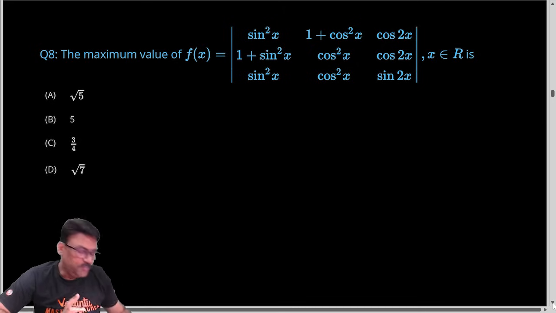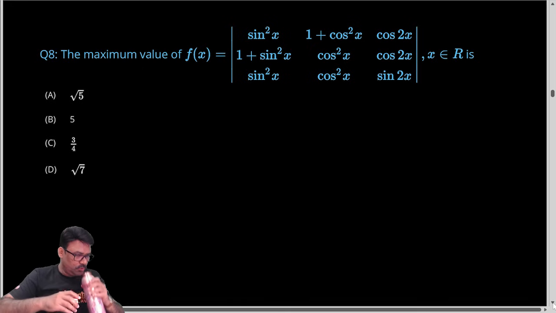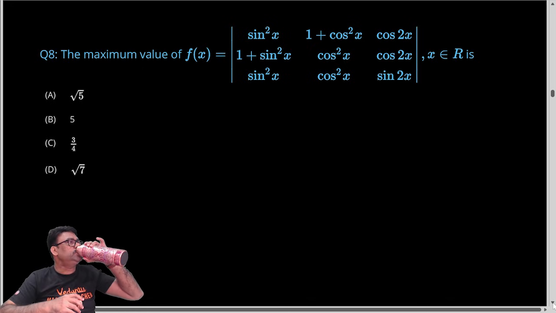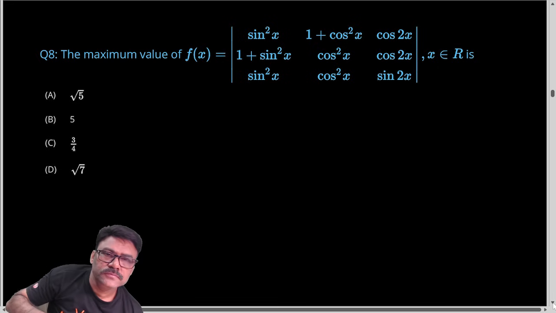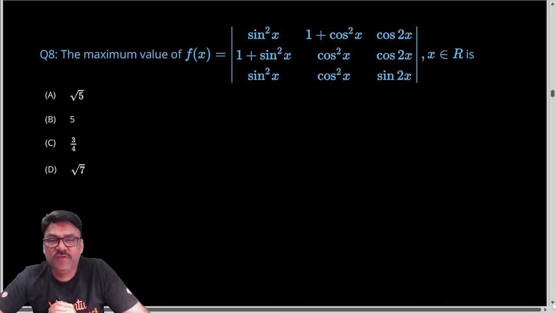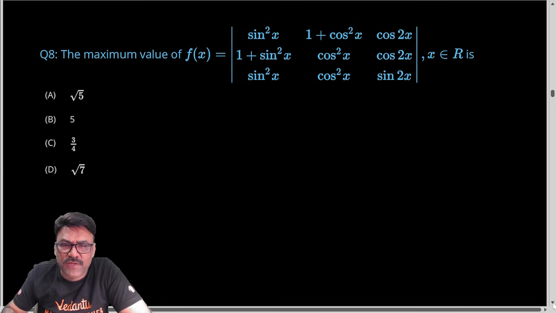This next question is based on, just a minute. So this next question is based on determinant, and you have to find the maximum value of this determinant. So you can see that if I add first and second column, means in the first column I'm adding the second column.